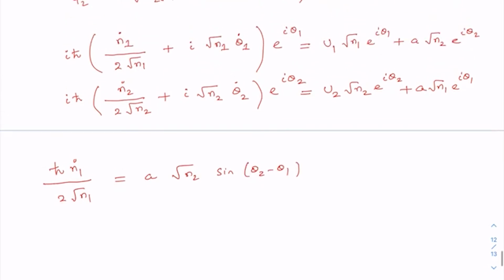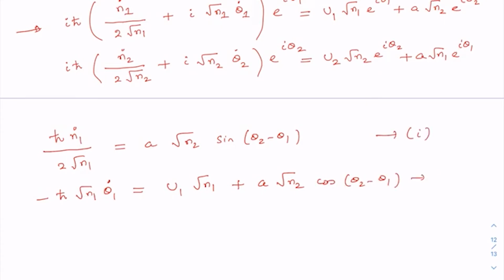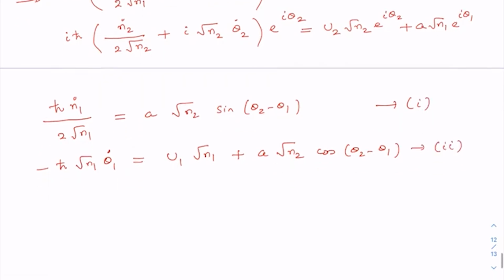You can immediately see I just compared the imaginary part on both sides of this equation, and then the real part, if I compare, I will get ħ square root of n1 θ1 dot, that is equal to E1 square root of n1 plus A square root of n2 cos(θ2 minus θ1). Let me say this is my equation number 1 in this form, this is equation number 2.